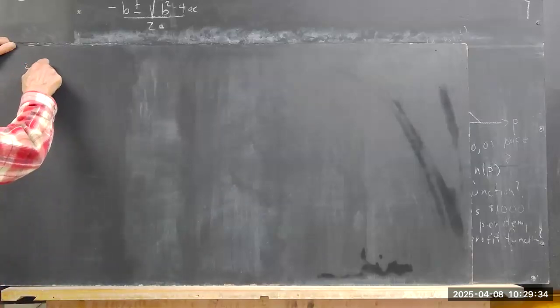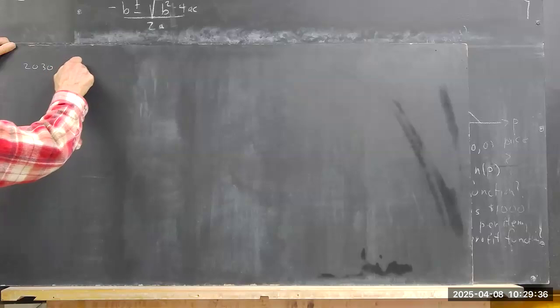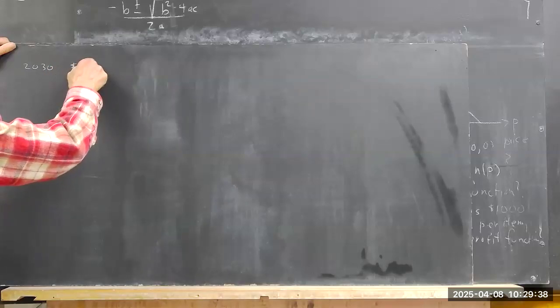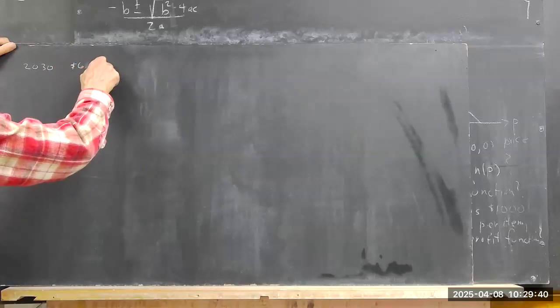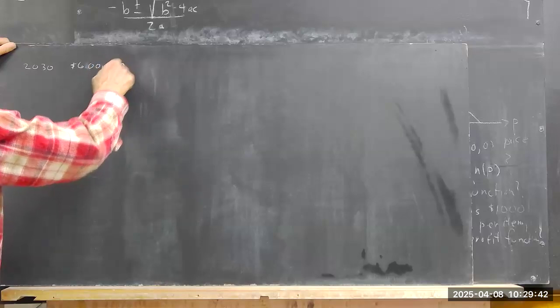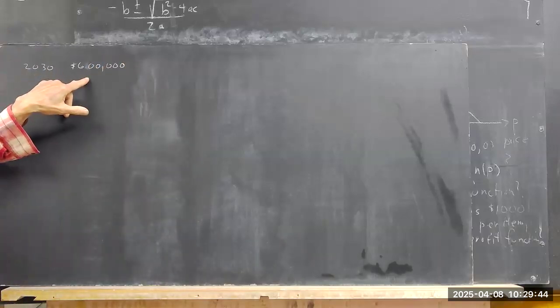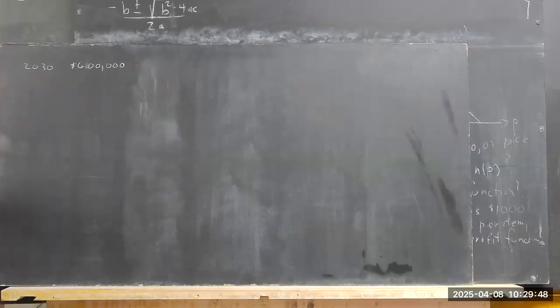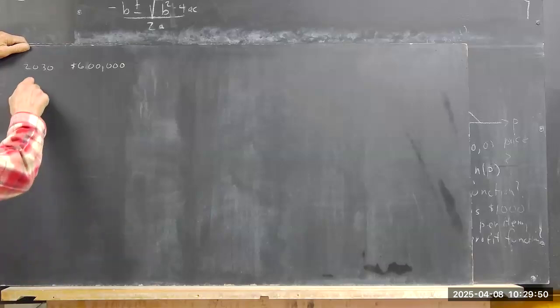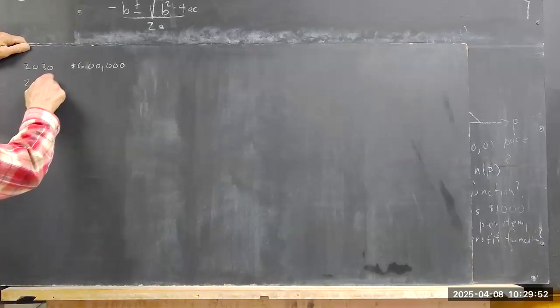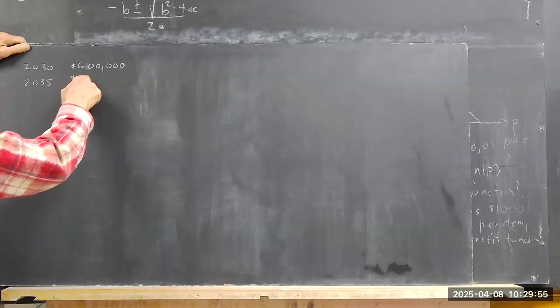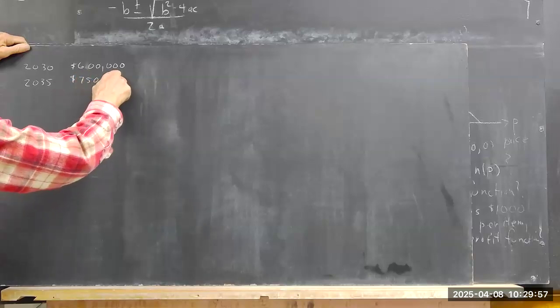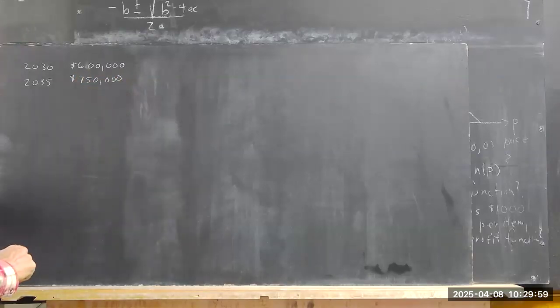So let's say that in 2030, your investments, hopefully there's more than that, but that's okay, total $600,000. And in 2035, they totaled $750,000.